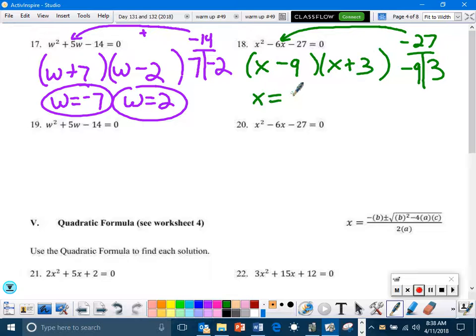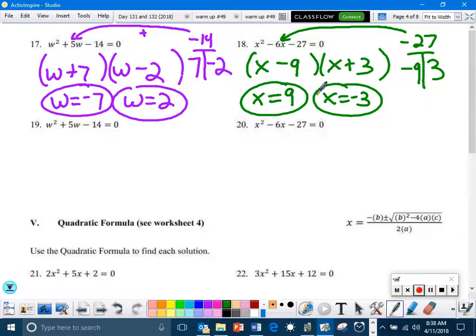So the solutions are positive 9, negative 3. Okay, now the next two problems you will notice are exactly the same two problems, so we don't have to do them. For some reason I repeated those same two problems.